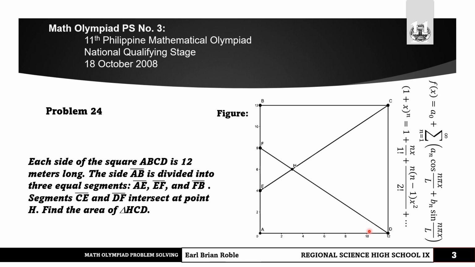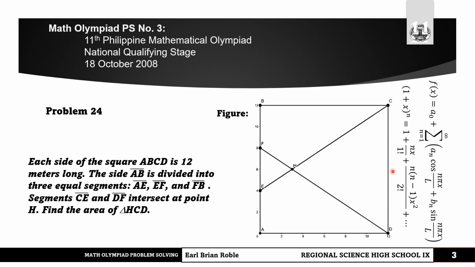So since we already have our figure, we can now find a strategy as to how we are going to find the area of this given triangle. So recall that the area of a triangle is simply base times height divided by 2. So I guess you've learned that in your elementary mathematics. And for this case, we'll put CD as our base of the triangle.